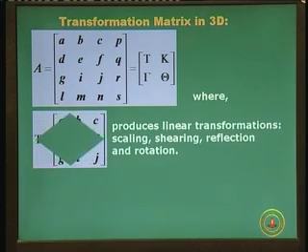Here the capital T is a submatrix or a partition matrix of A, consisting of the top left 3 cross 3 or 9 elements, and these elements of T are responsible for producing all the linear transformations, including scaling, shear, reflection and rotation.